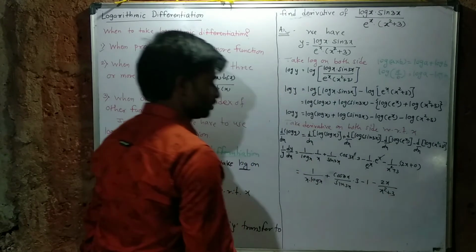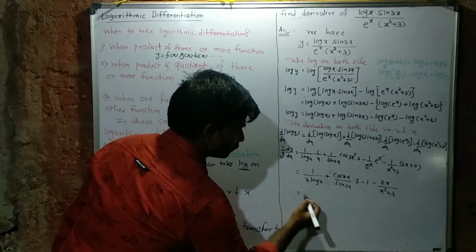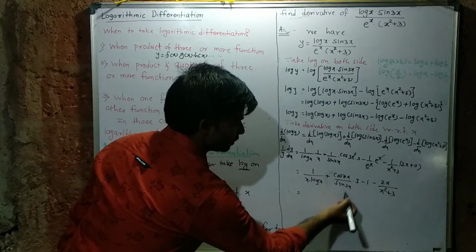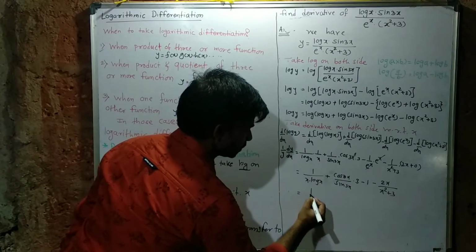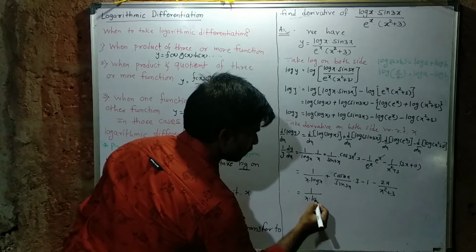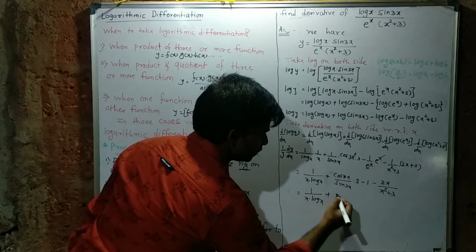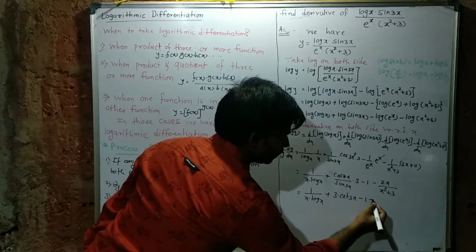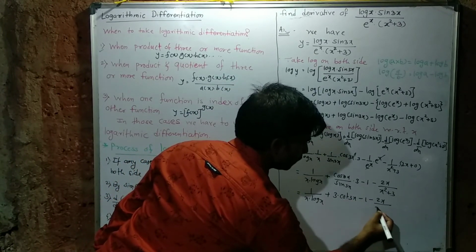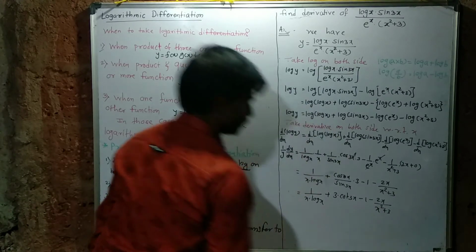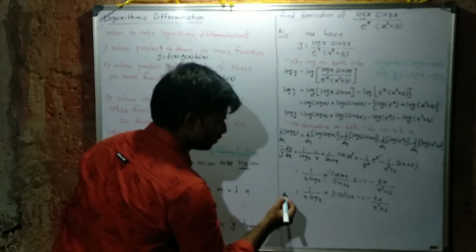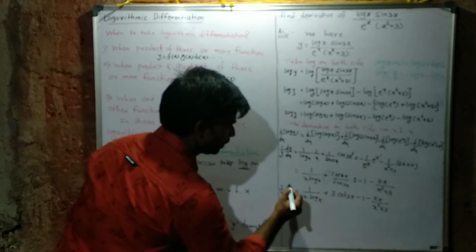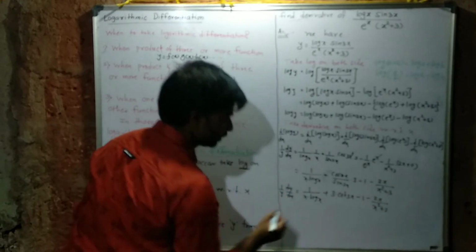Since cos 3x divided by sine 3x is cot 3x, we get 1 divided by x log x plus 3 cot 3x minus 1 minus 2x divided by x square plus 3, equal to 1 divided by y into dy by dx.